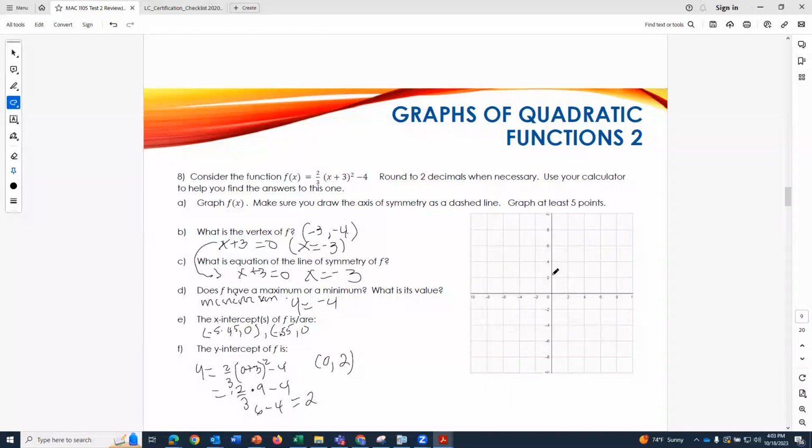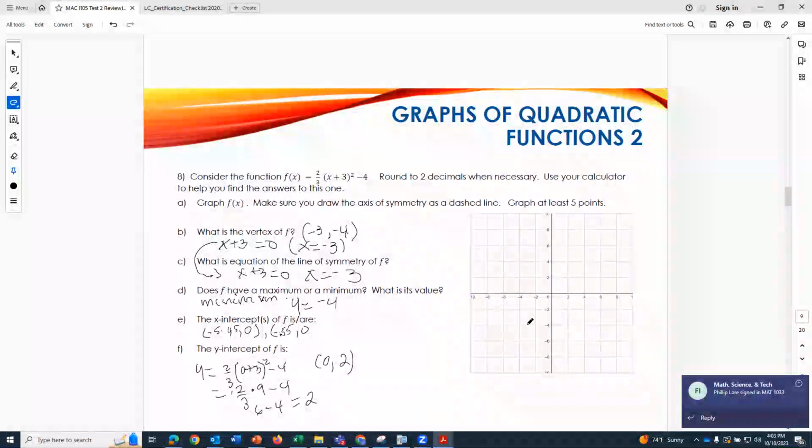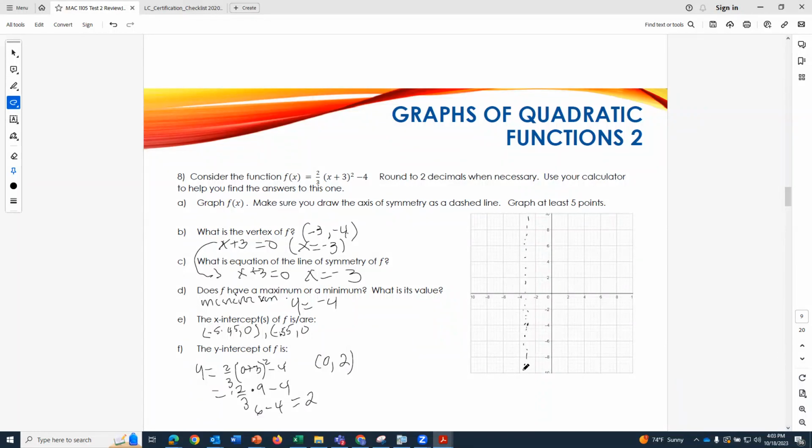Okay. And if we have to graph that one, we have -3, -4 right here. That's the vertex. That's the axis of symmetry, the symmetry line. The minimum is y equals -4.